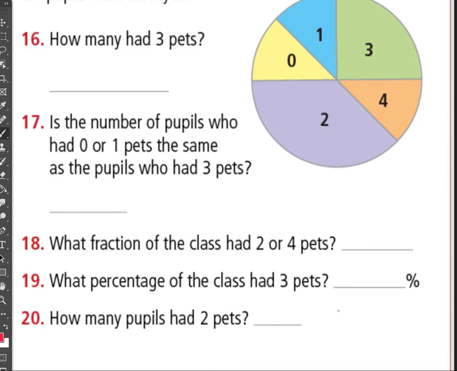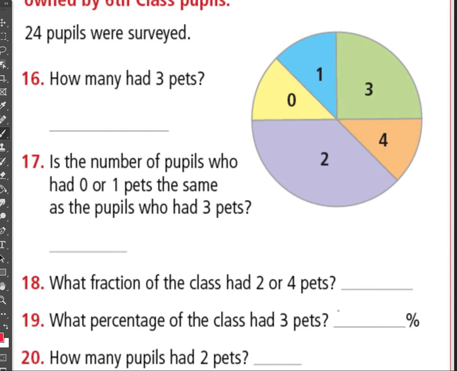And lastly, number 20, how many pupils had 2 pets? Now this is quite a hard one. So if we look at the people who had 2 pets, that's this one here. And if we take that shape and split it up like this, I'm just going to draw a straight line down here.